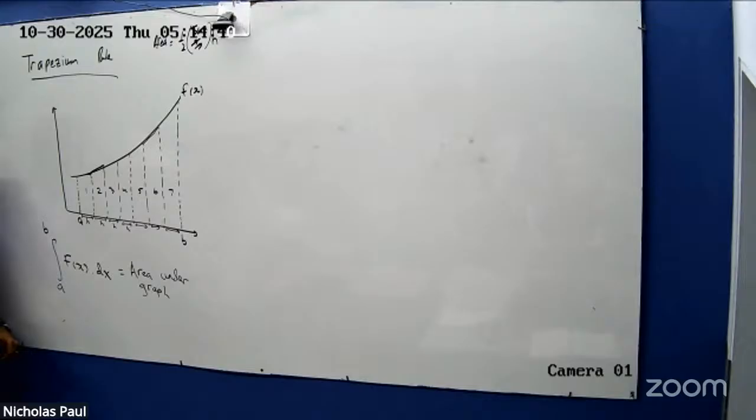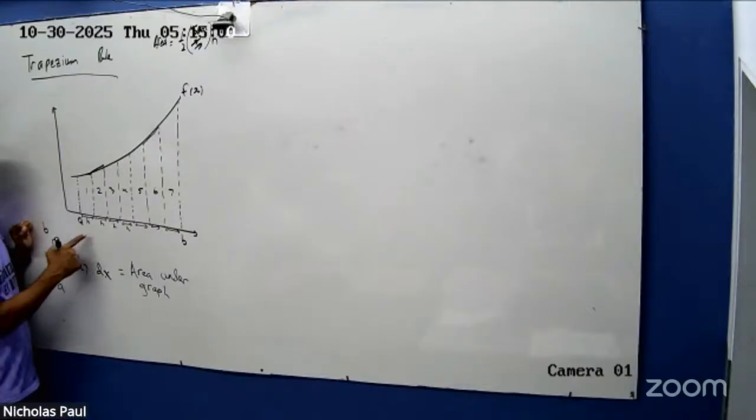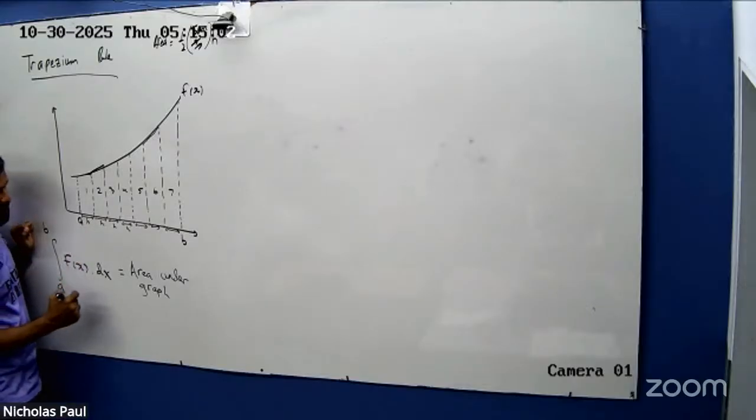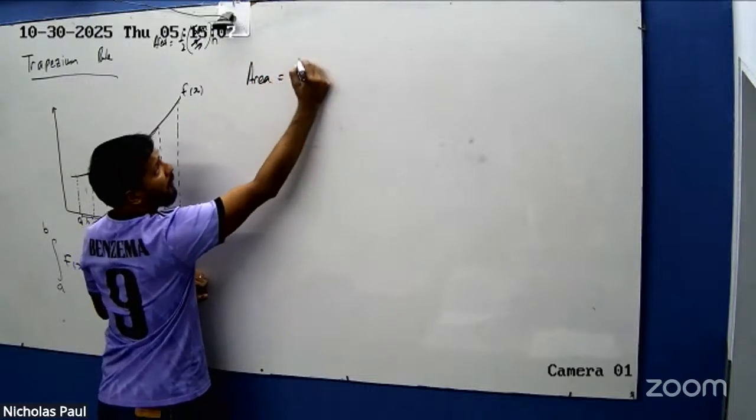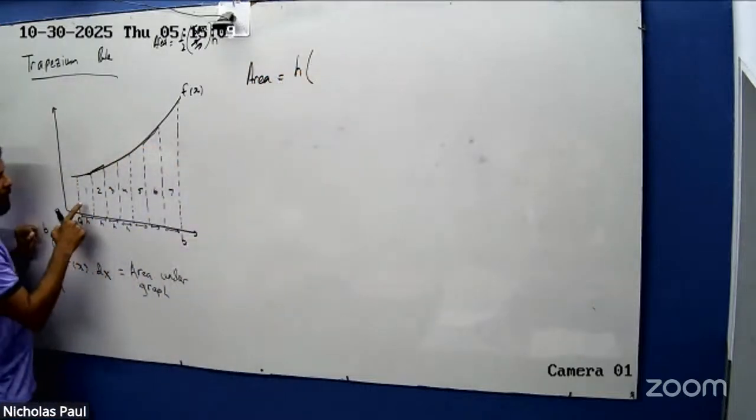So watch here. Here is h, so your area here is half h by, half of the sum.